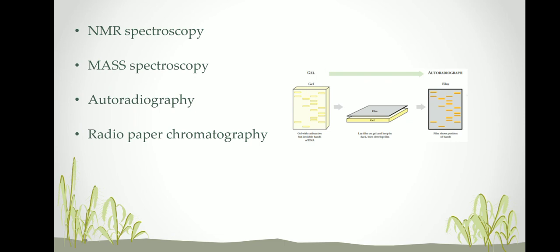So these are the various steps involved in this bio tracer technique. Requirements for tracer technique: first one preparation of labeled compound, second one administration of radio labeled precursor, third one separation of compound, and fourth one is detection of compounds.